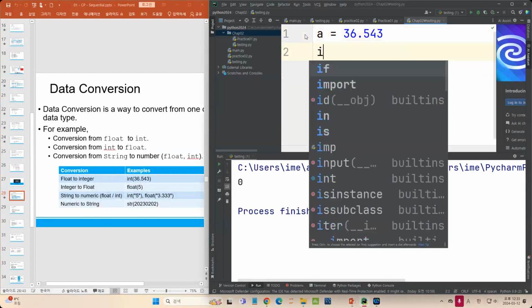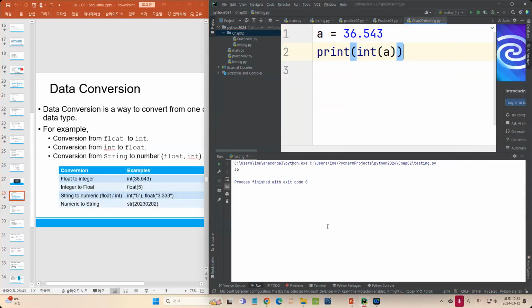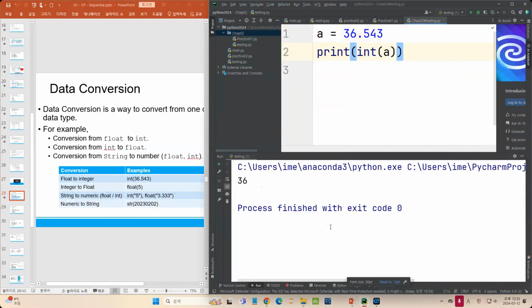So I want to get integer A. Okay, let me print integer A. The result will be 36. So the decimal part will be eliminated, or deleted.